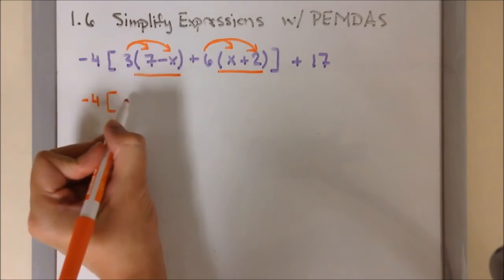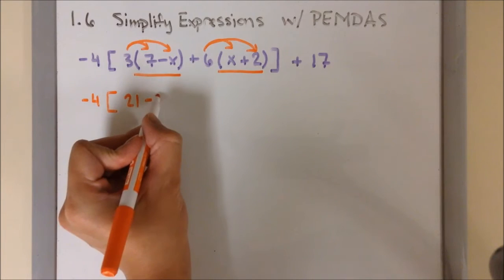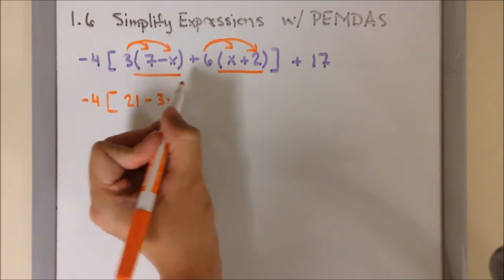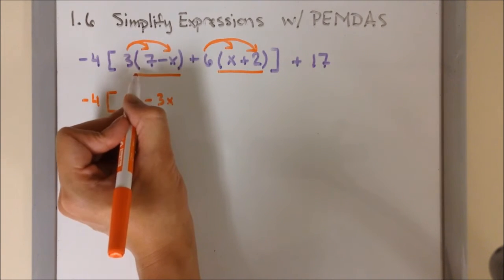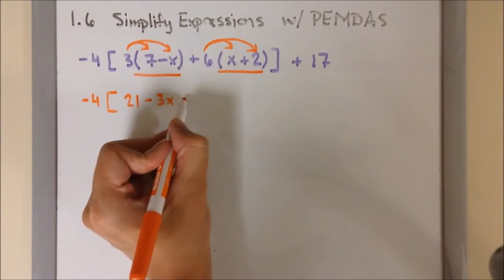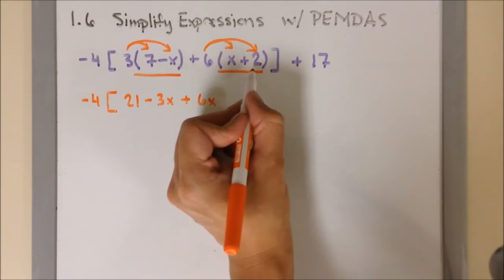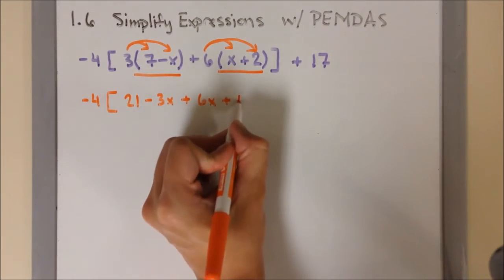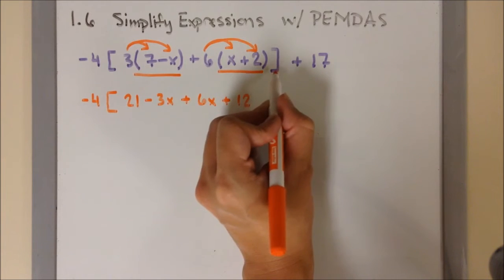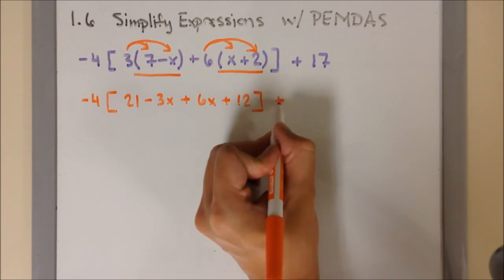So 3 times 7, that's 21. 3 times minus x, that's going to be negative 3x. Again, after I distribute, I can let go of the parentheses, I don't need it anymore. Positive 6 times x, that's going to be plus 6x. Positive 6 times plus 2, that's going to be positive 12. Alright, and then here's my close bracket. Bring down the plus 17.